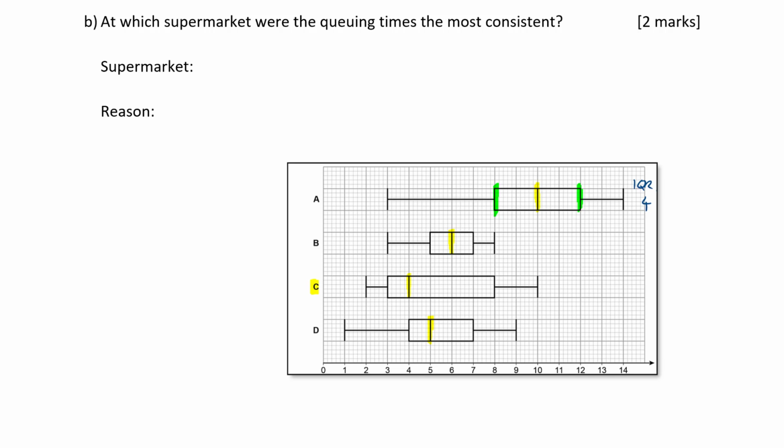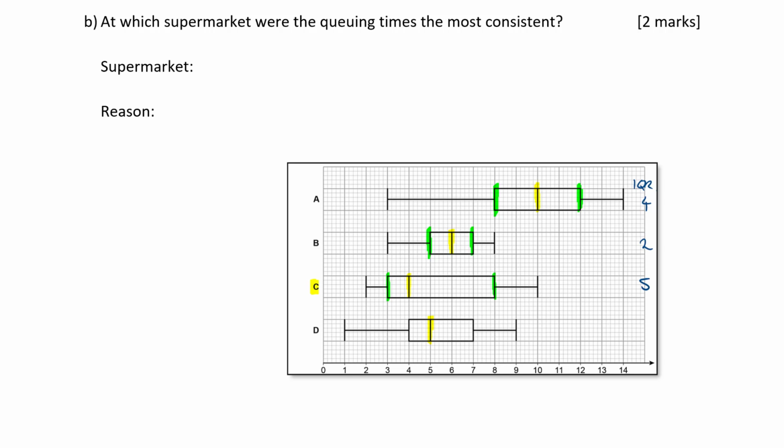Okay, now my next one, B, the interquartile range goes from Q1 there 5 up to Q3, which is 7. So that gives us an interquartile range of 2. Supermarket C has got quite a wide variation here. Goes from 3 all the way up to 8, giving it an interquartile range of 5.